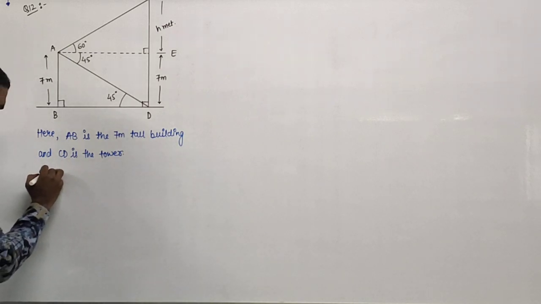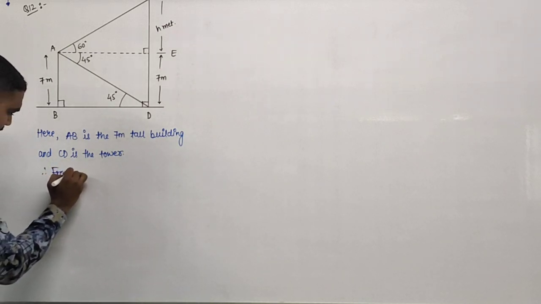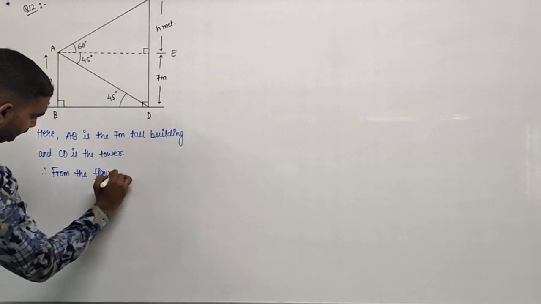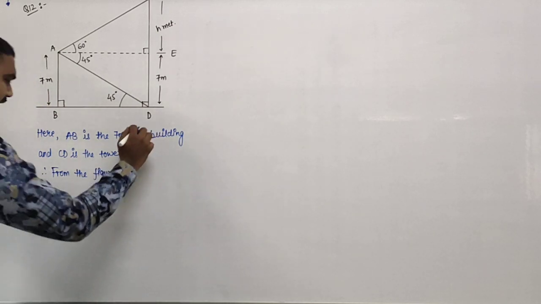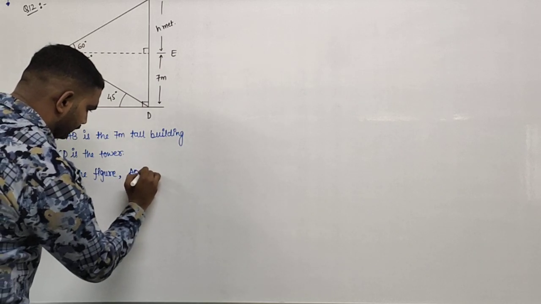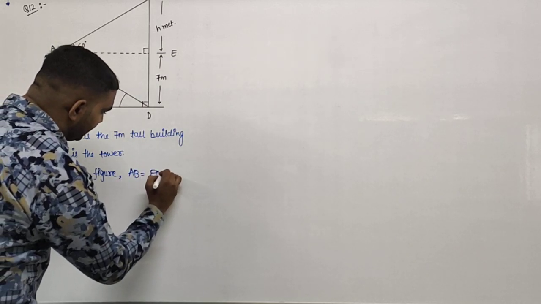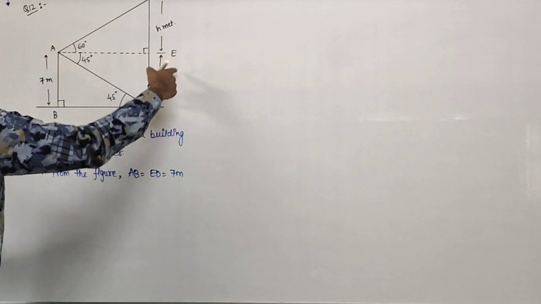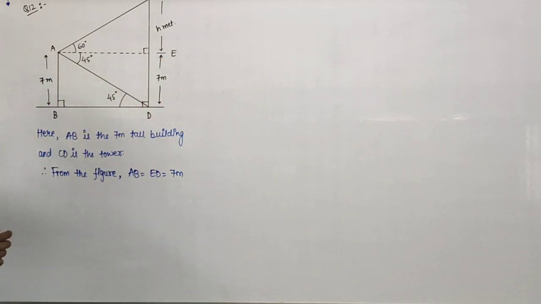Therefore, from the figure AB is equals to ED is equals to 7 meter.